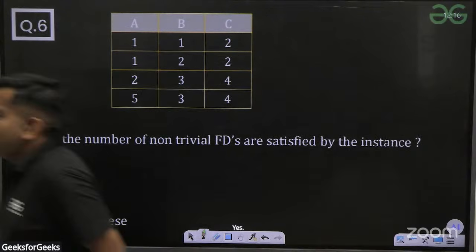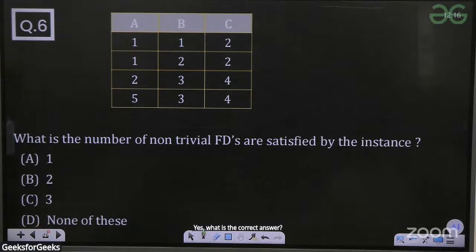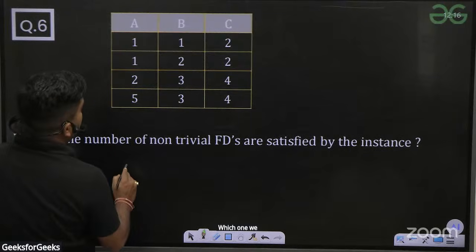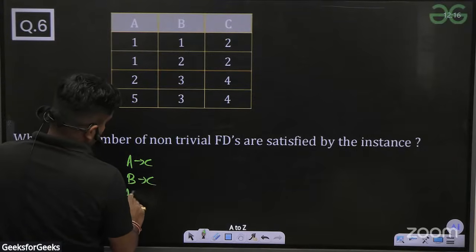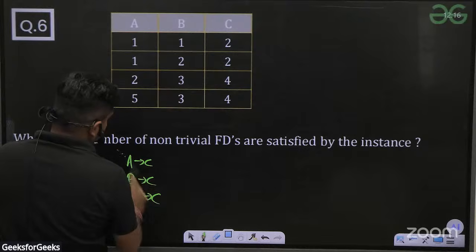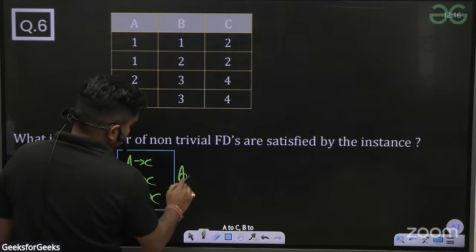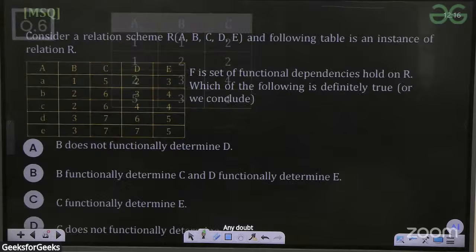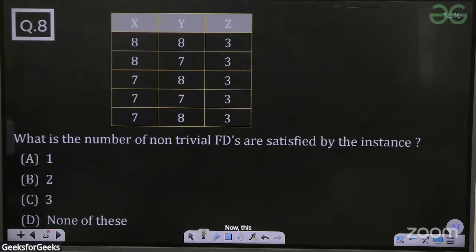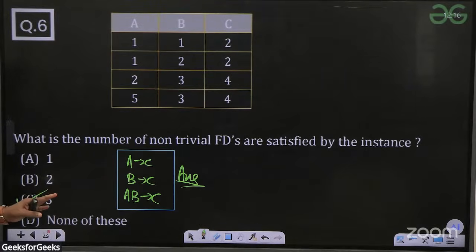Yes. What is the correct answer? 3. Done, everyone? Which one are we getting? A to C, B to C, and AB to C. Everyone getting the same? Any doubt? Now this one, wait. Solve this one. A to C, B to C, and AB to C.